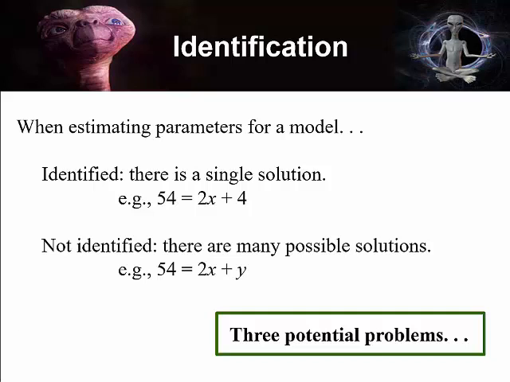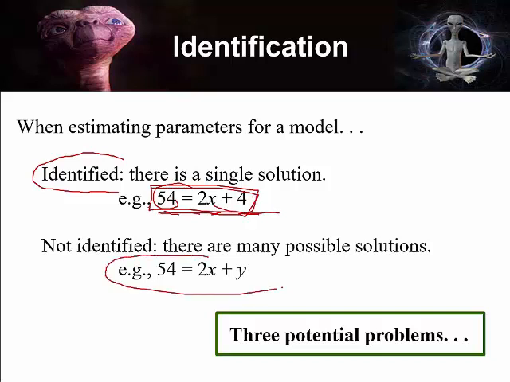To illustrate the basic idea here, for identified, I have a basic algebra equation. If I say the number 54 is equal to 2x plus 4, that's an equation that you could solve. If we plugged in the number 25, 2 times 25 plus 4 equals 54. So we could solve this equation. There's just one answer that would solve this equation. X equals 25 would solve that equation, so it's identified.